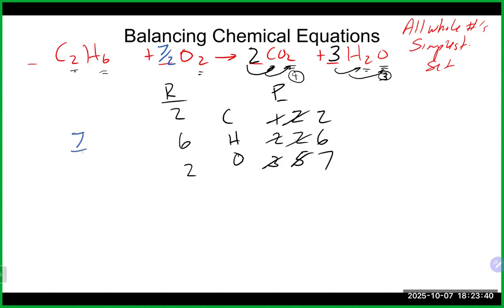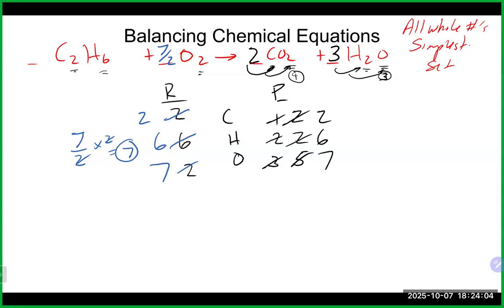Because if I take 7 over 2 and I times it by 2, I end up with 7. And in this case here, I will now have 2 carbons, 6 hydrogens, and 7 oxygens. And this is now a balanced equation, but is it a correctly balanced equation? It is not, because all of them need to be whole numbers.